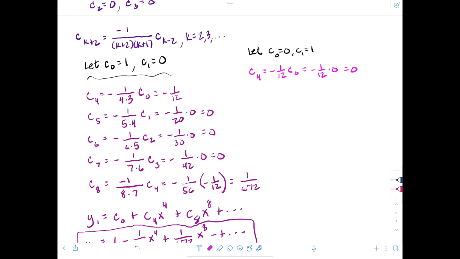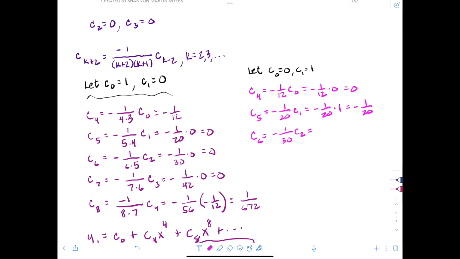So we'll get 0 for C4. C5 will still get that negative 1/20 times C1, but this time C1 is 1. So we'll get negative 1/20 for C5. C6 will be negative 1/30 C2. Well, that's going to zero out, right? Because C2 is 0. So that's just 0. C7 will be negative 1 over 42 times C3, but C3 is 0.